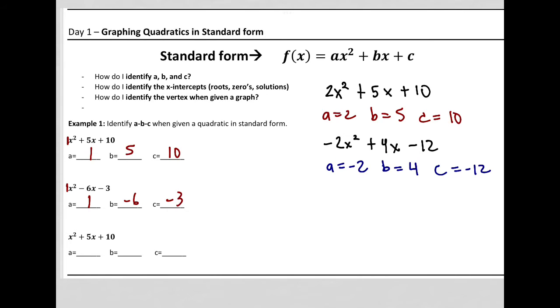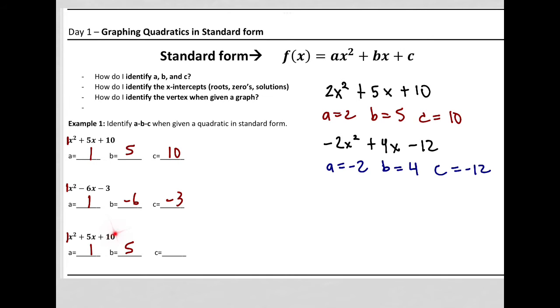All right, so let's talk about it then. So, again, we're finding A, B, and C. All we have to do is take our numbers that are in each position. So A here, no number there, so again, we're saying that's a 1, so A is equal to 1. Then you have a 5 here in the B position, so we have 5 there.